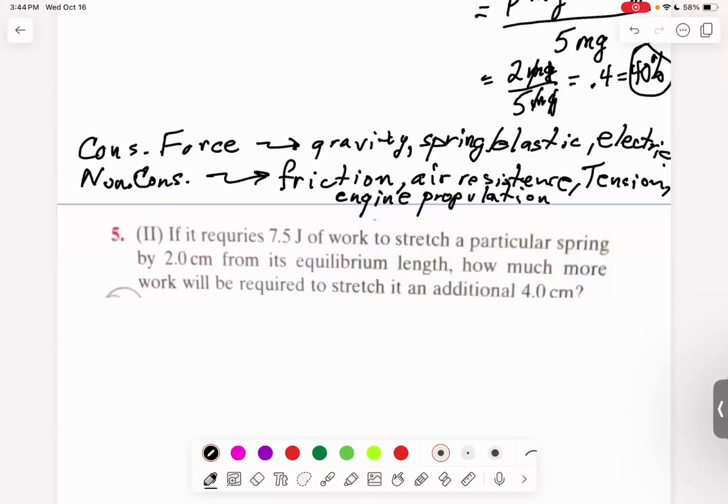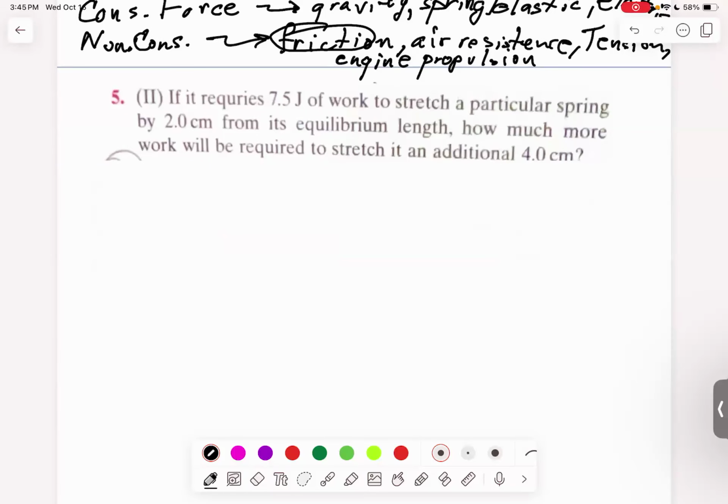Friction is the primary non-conservative force that we're going to be working with for this class. Okay.